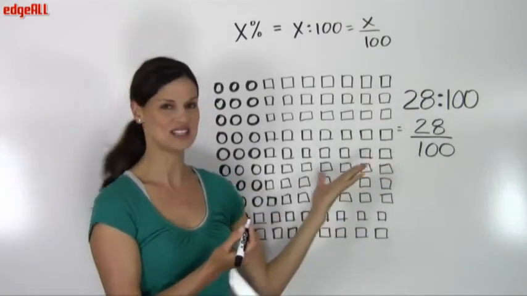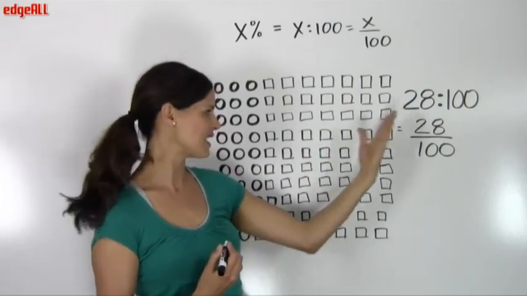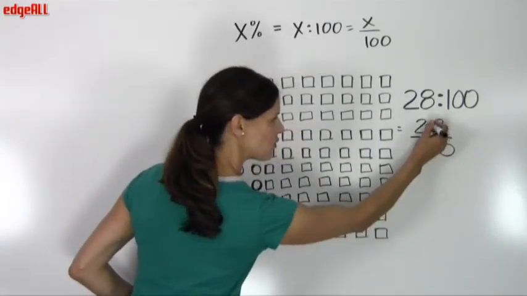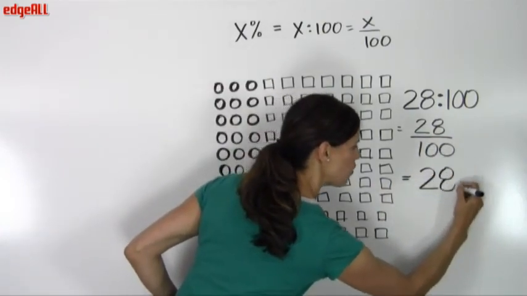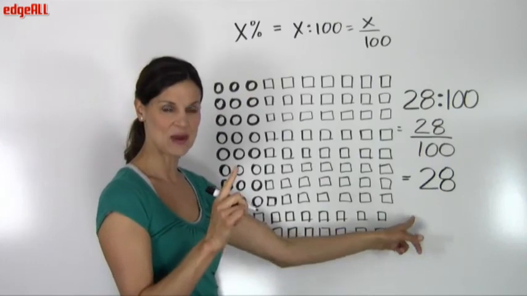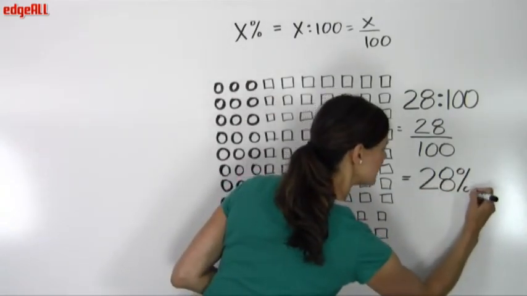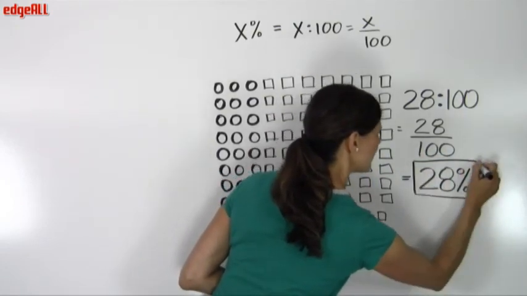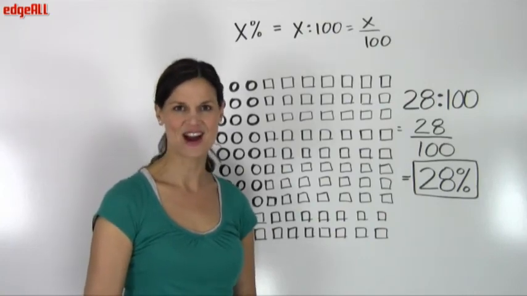It's already given to us in the form of a number over 100. 28 over 100. So I can rewrite this 28 over 100 simply as the number 28 and then put my percentage symbol right after it. And this is how I would report and write 28% of the shapes are circles.